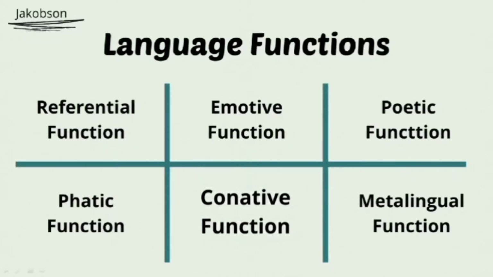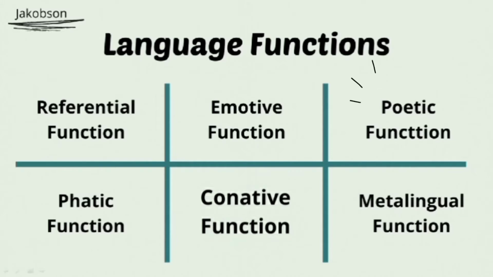Next, based on the 6 factors of speech that Jakobson has mentioned, he distinguishes 6 language functions, namely referential function, emotive function, poetic function, phatic function, conative function, and metalingual function. Referential function is related to the meaning of the message conveyed in a specific context. The emotive function is closely related to the inner mood of the speaker of the message conveyed.